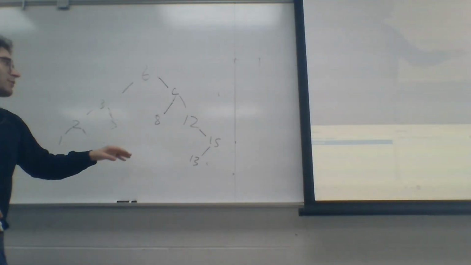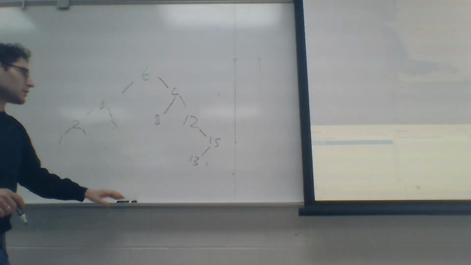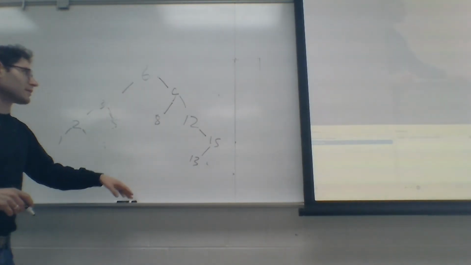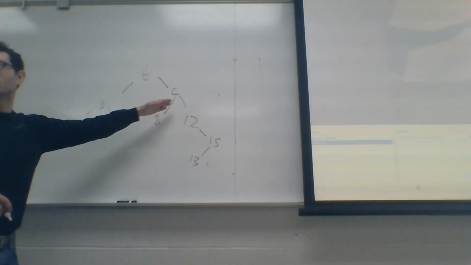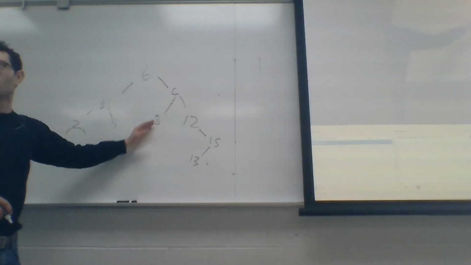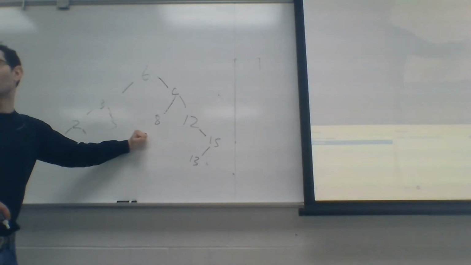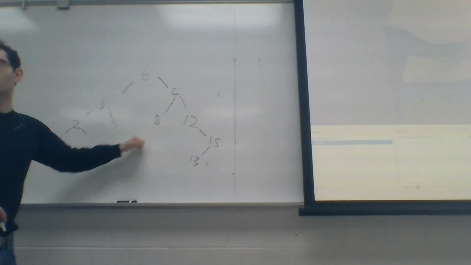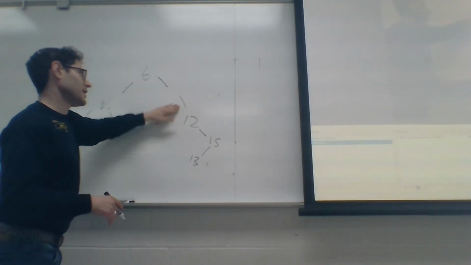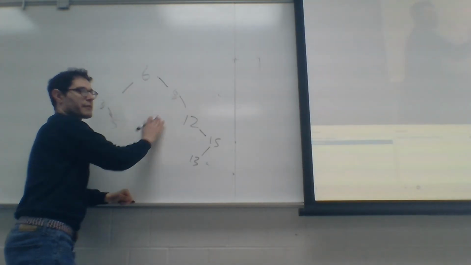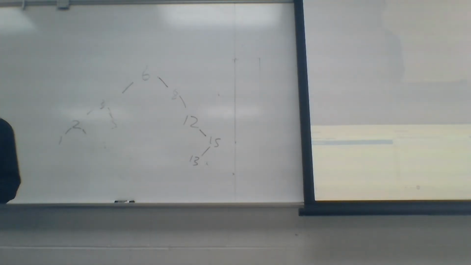So for instance, if I were to delete 9, I would step 1 to the left, and then go all the way I can to the right, which happens to be nowhere. So that's the node it will be replaced by. So 9 gets replaced by 8, so we copy 8 over here, and then we delete the 8, because it has no children.